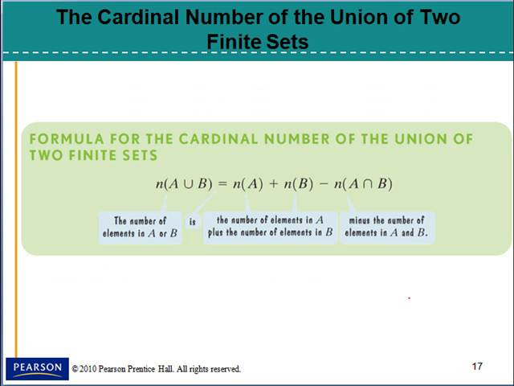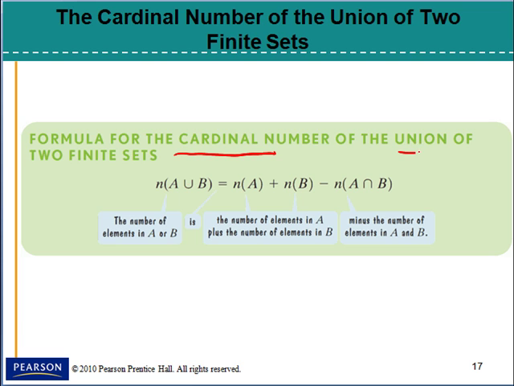Before that, let's have a formula for finding the number of elements that belong to A or B. The number of elements is the cardinal number of the union of finite sets.